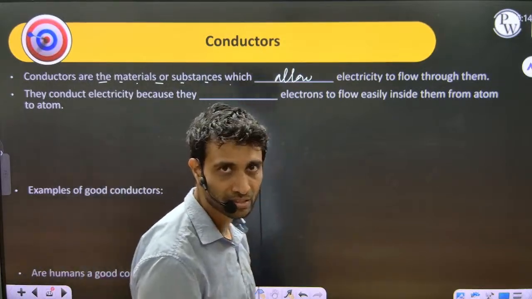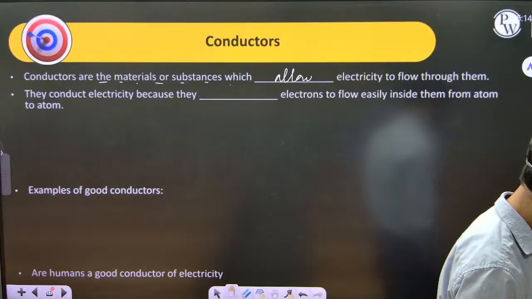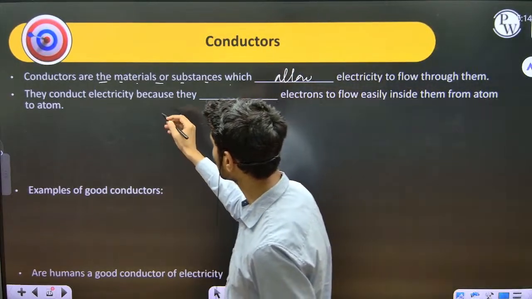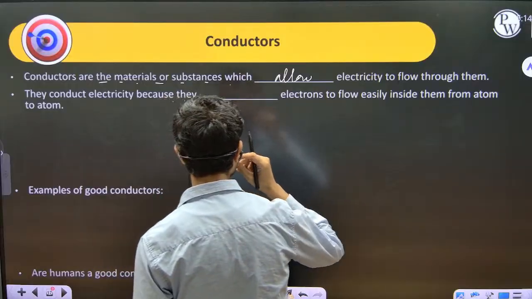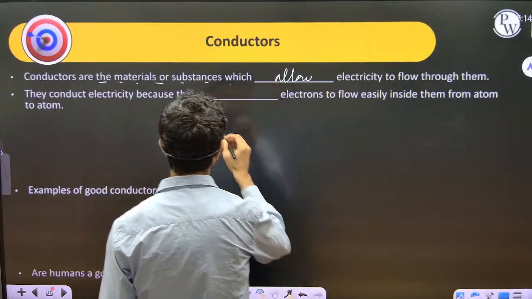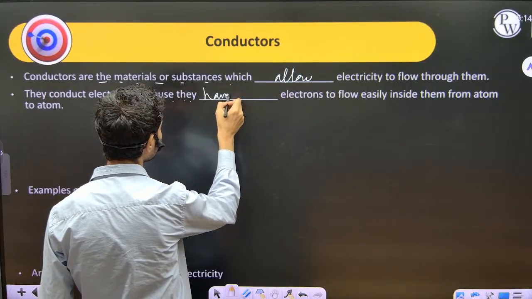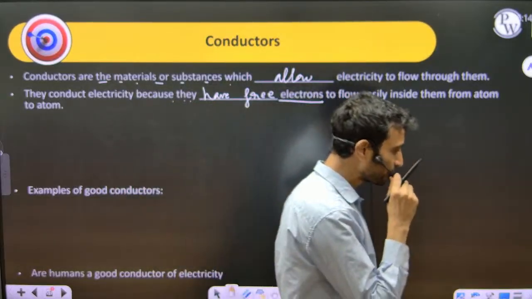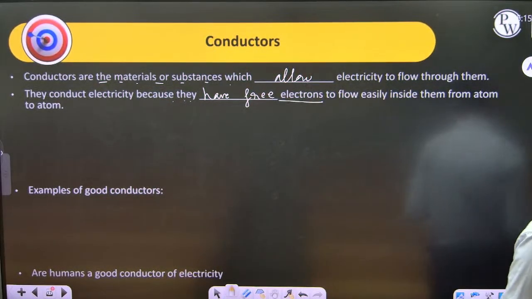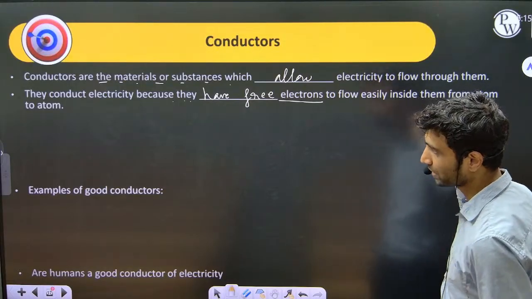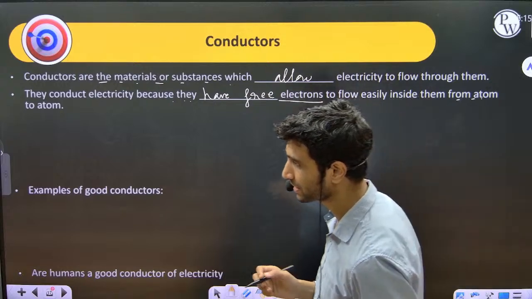They conduct electricity because they have free electrons. Electrons are free to move inside a conductor, to flow easily from one atom to another atom.